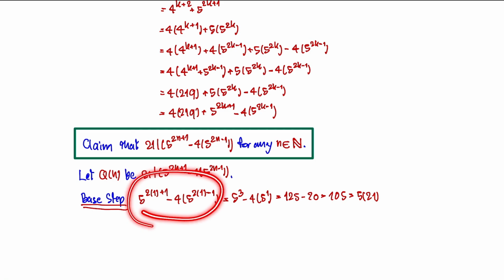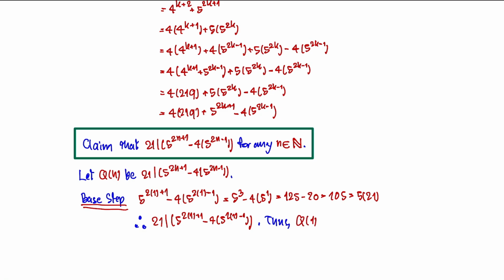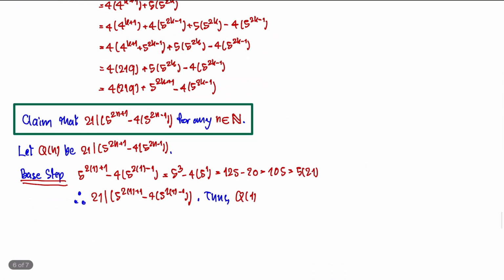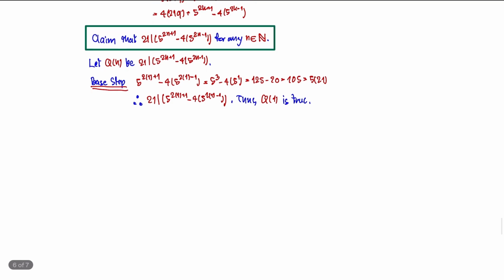So this term is divisible by 21. This means that 21 divides 5 to the 2 times 1 plus 1 minus 4 times 5 to the 2 times 1 minus 1. Okay, so Q(1) is true. So the base step is proved.